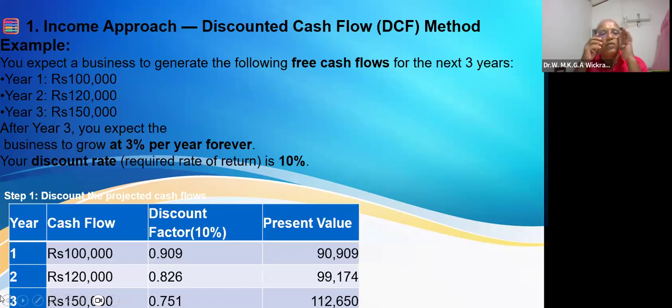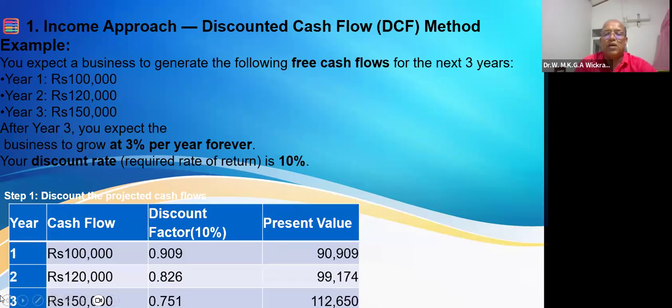So this is the income approach, discounted cash flow method. Now you are very familiar with this type of calculation we have done. You can see you expect a business to generate the following free cash flows. Just think about the cash flows.